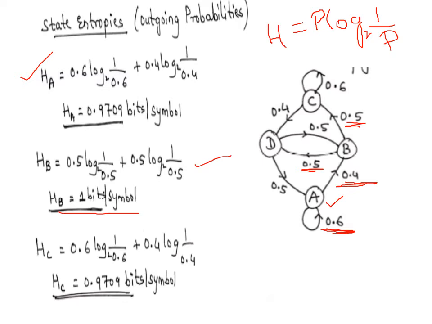Similarly, the outgoing probabilities at state C are 0.4 and the other one is 0.6. So again, H of C can be written as 0.6 log of 1 by 0.6 plus 0.4 log of 1 by 0.4, which gives us 0.97, which is the same as H of A.